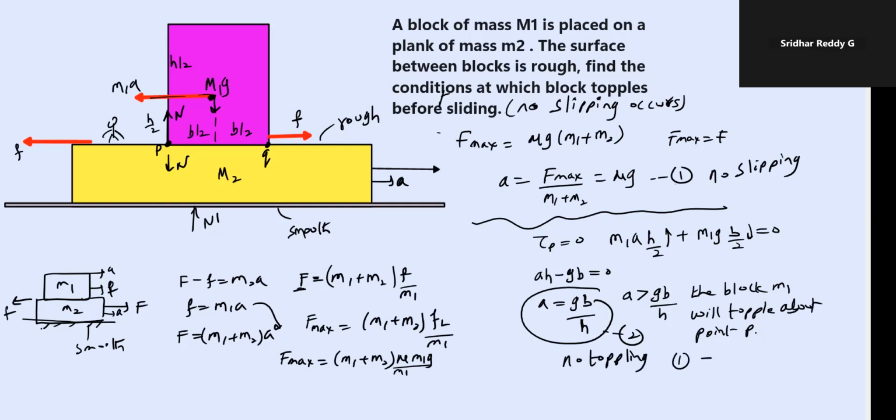I'll equate 1 equal to 2. Then I'll get mu equal to B by H. So this will determine whether the block will topple or not. If equation 2 is greater than 1, the block will not topple before slipping. If equation 2 is less than 1, the block will slip before toppling.